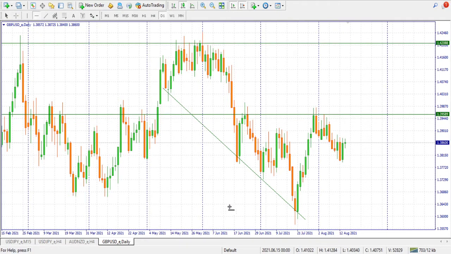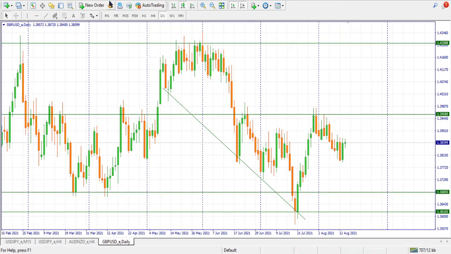Then we have a level here. This actually is a zone. So if the price can come back up to somewhere in between this range, the two lines which you're having, then this may be a good place to look for a buy from. So the idea basically will be to wait for price to come back up to this trend line, this level here, the zone which I have at the bottom.